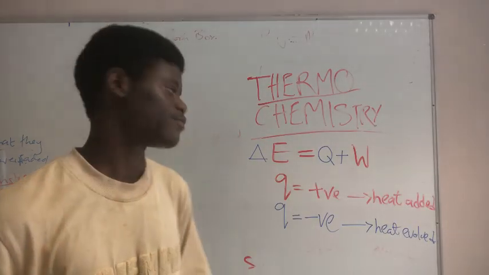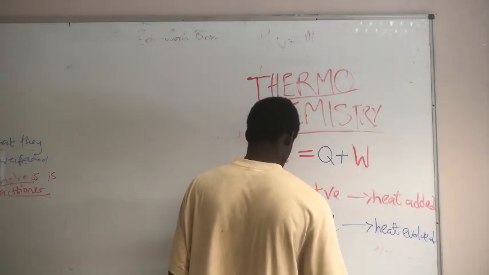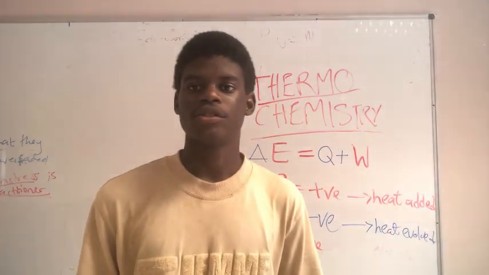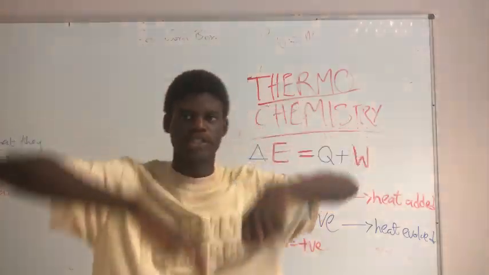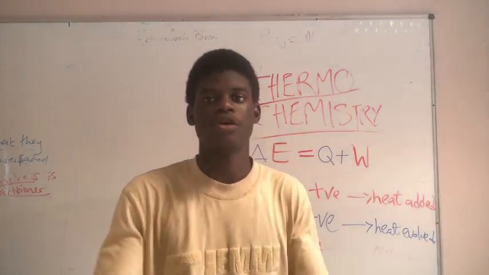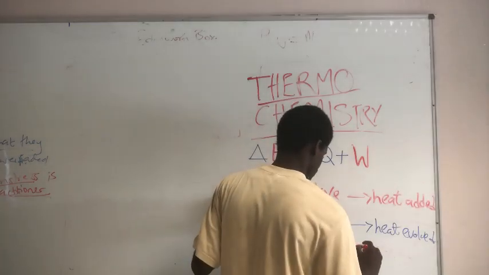Now, when is work positive? When is work negative? Work is positive when work is done on the system. So when work is done on the system, on the reaction, work is positive.